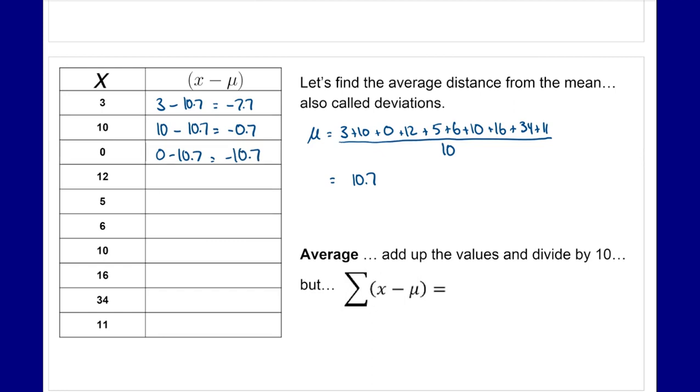And we just continue down the list, do the same thing. 12 minus 10.7 is 1.3, negative 5.7, negative 4.7, negative 0.7, 5.3, 23.3, and 0.3.